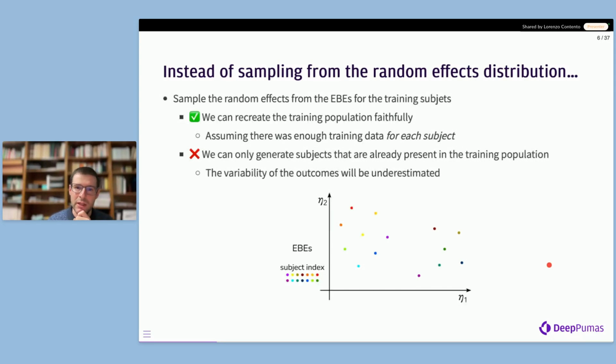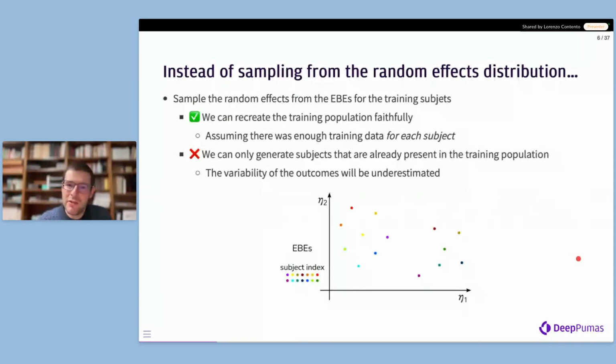Let's consider 2 random effects, and then we can plot the empirical Bayes estimates, obtaining something like this. Instead of sampling from the misspecified distribution, we just choose randomly one of these EBEs and use that, for example, to simulate new subjects.